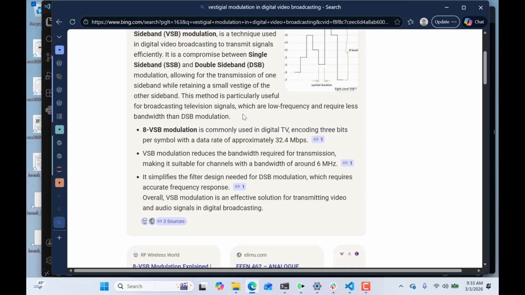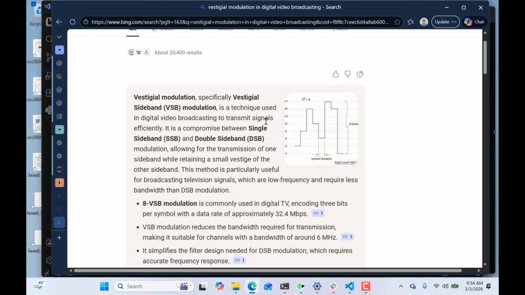I'm not super interested in drilling into that, but I'm letting you know that even in digital modulation, we have to compromise in order to make it bandwidth efficient. So they've maintained the vestigial aspect of it. Vestigial means vestige, so it means a vestige of one of the two sidebands. So you have some crossover, and you can support the DC part of it.